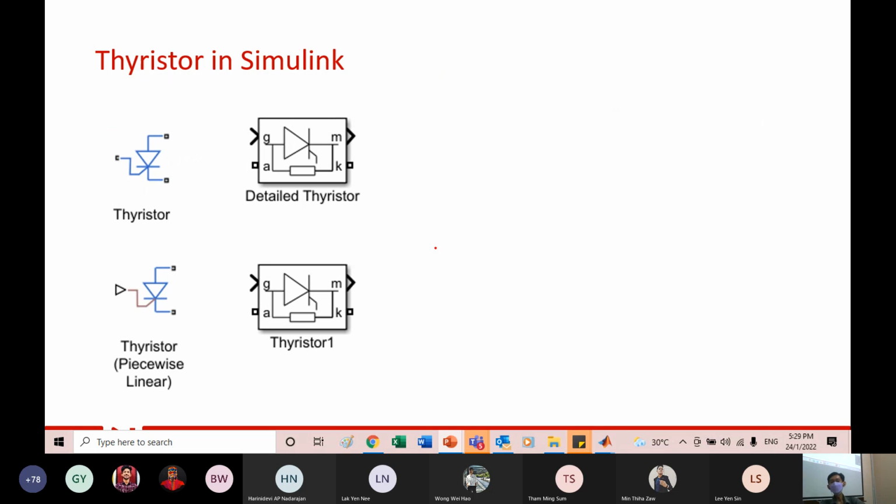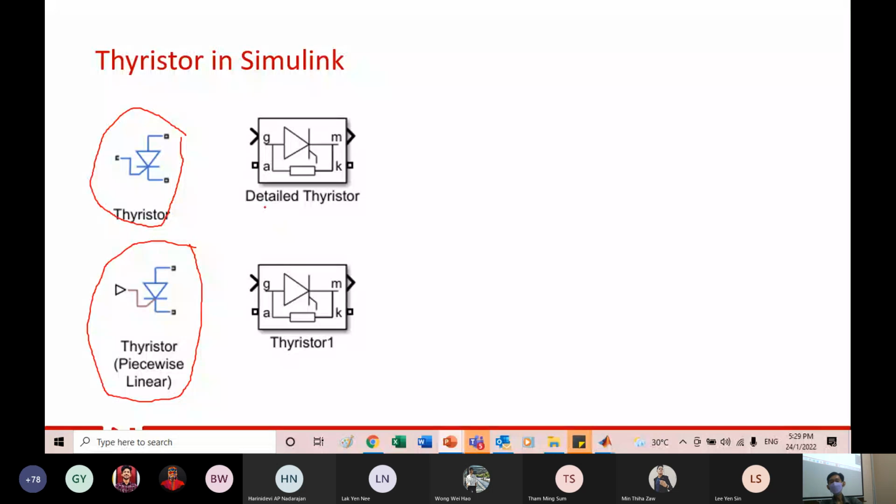Now in Simulink, you can have a thyristor piecewise linear. This one is a simple version, no detail. This one you can model as detailed as possible based on the data sheet.